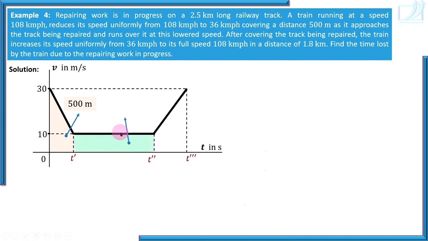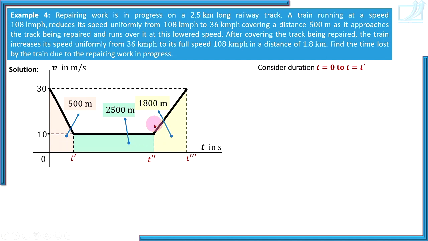And after that, the train increases its speed uniformly from 36 kilometers per hour to full speed 108 kilometers per hour in a distance of 1.8 kilometers. That is, this area is 1800 meters. Okay, so we are using this information.